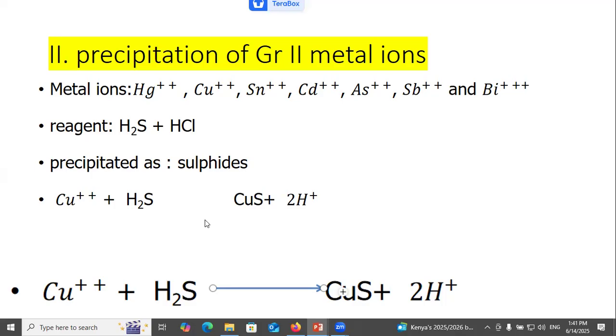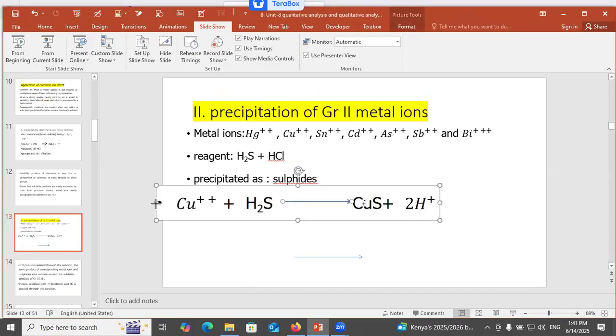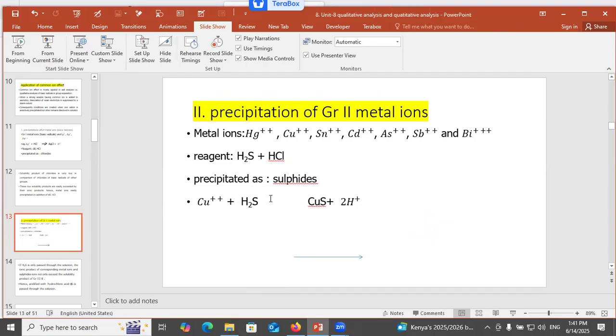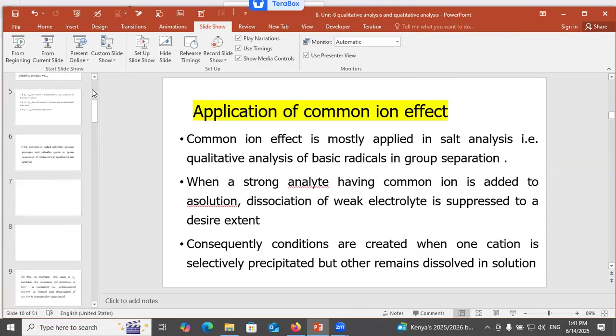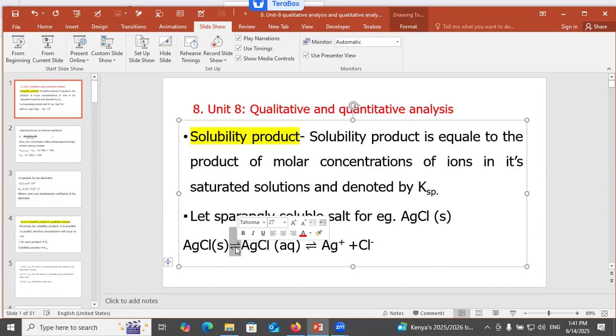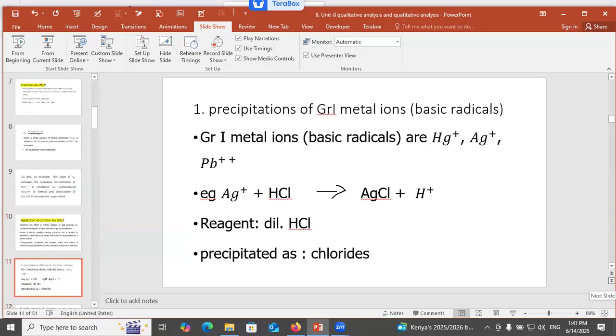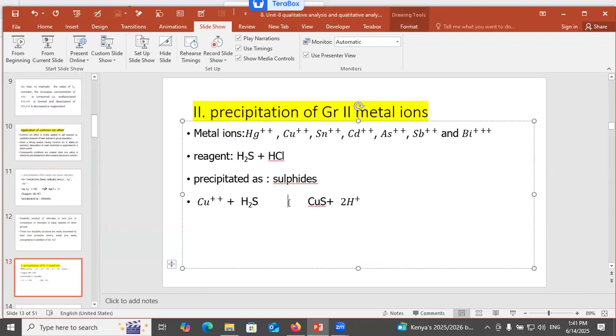Precipitate as copper sulfide, group second sulfides.